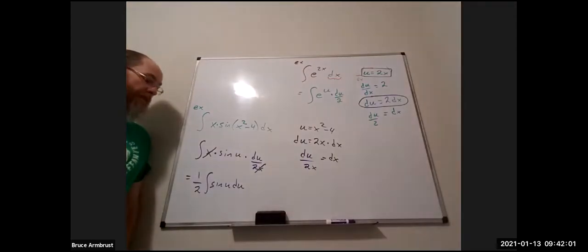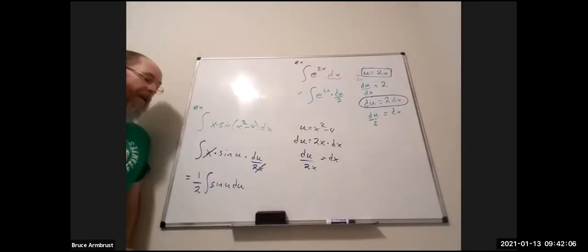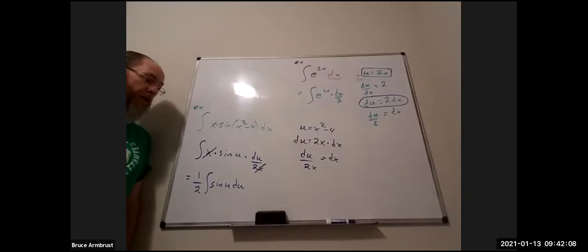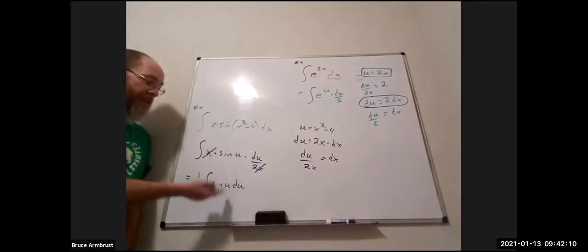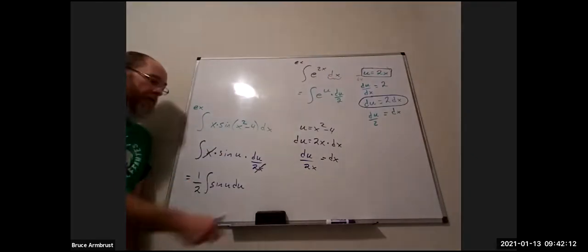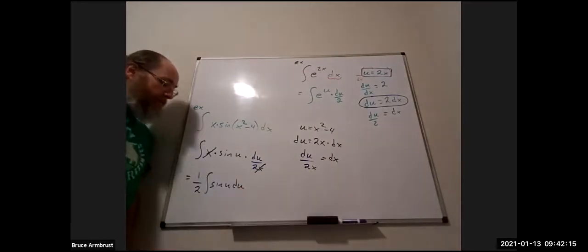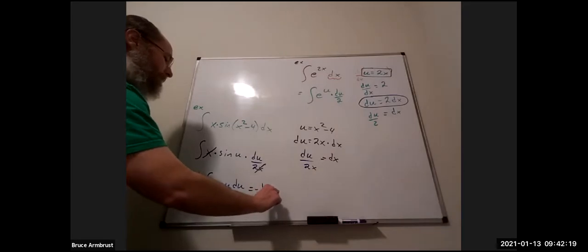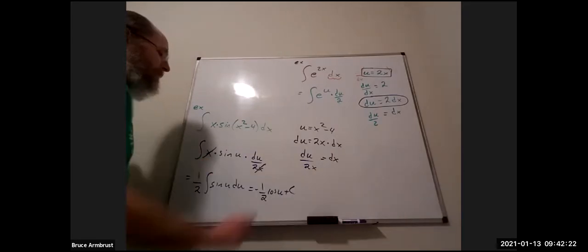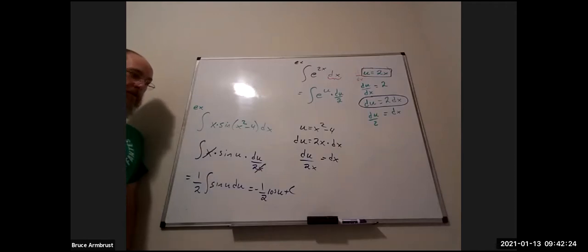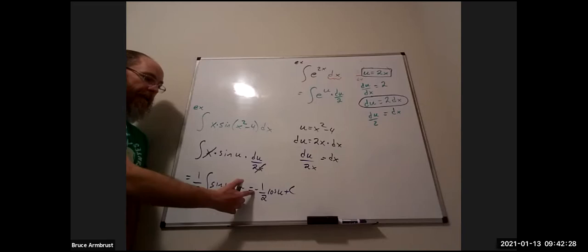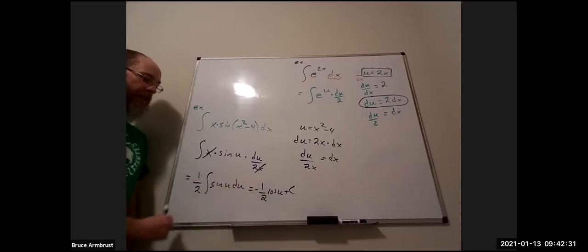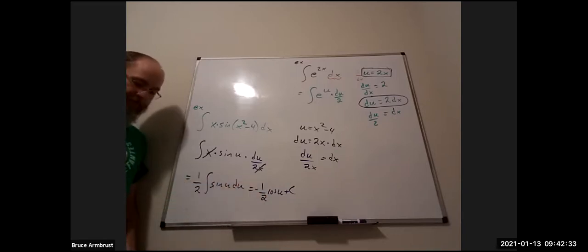Cool. This we know how to integrate. We know the antiderivative of sine of u. So by changing it, it's now in a form that we can antidifferentiate. So this is going to give us a minus 1/2 cosine of u plus c. Right? It's negative because the derivative of cosine is negative sine, so we need that negative to cancel.